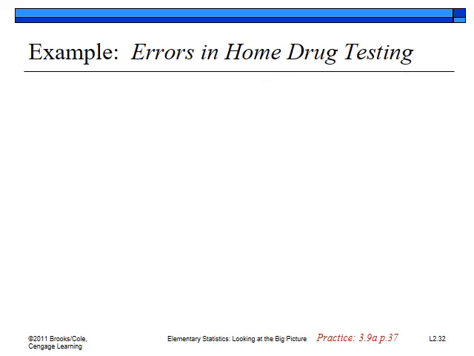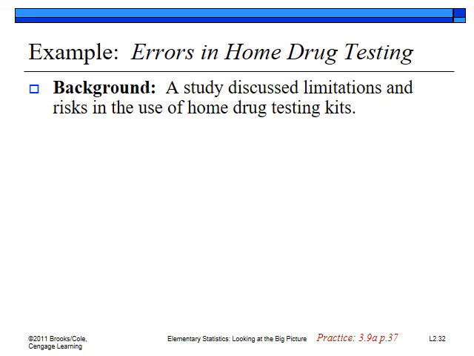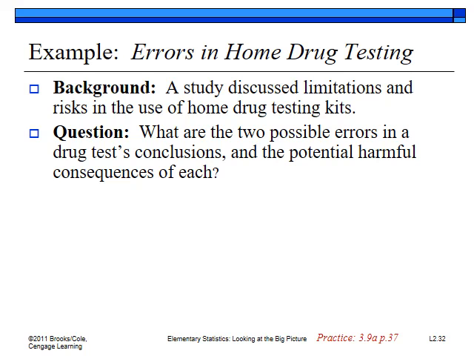Let's look at another example. A study is looking at limitations and risks in the use of home drug testing kits. When you think about a home drug testing kit, what kind of errors could we make here, and how could they cause a problem? What are the consequences? Well, again, we have false positives and we have false negatives.